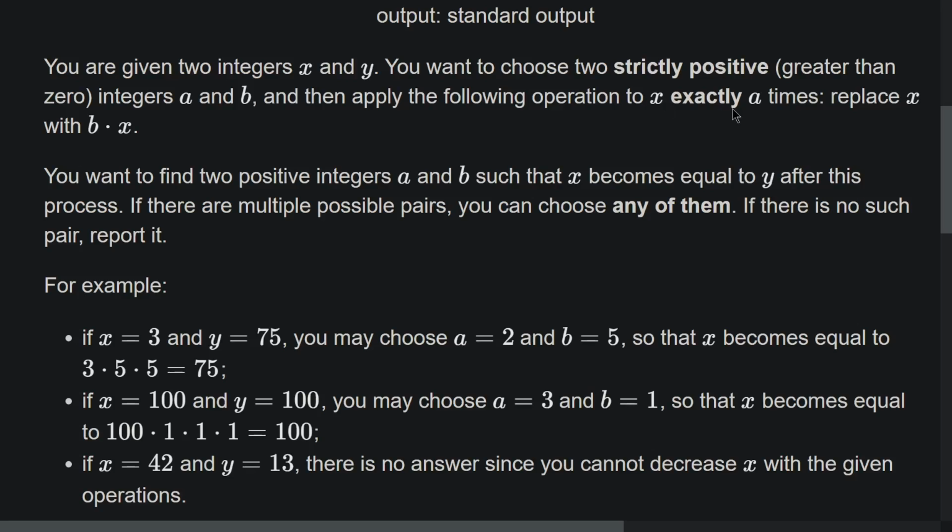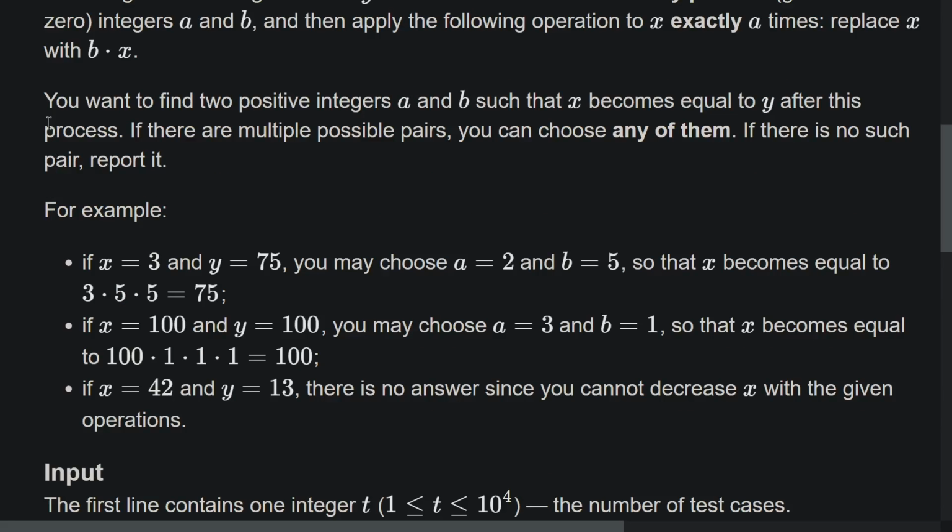Replace x with b times x, which means x equals b times x. You want to find two positive integers a and b such that x becomes equal to y after this process, and if there are multiple possible pairs, you can choose any of them. If there is no such pair, report it.